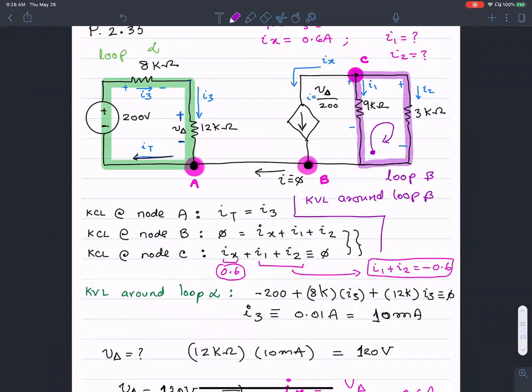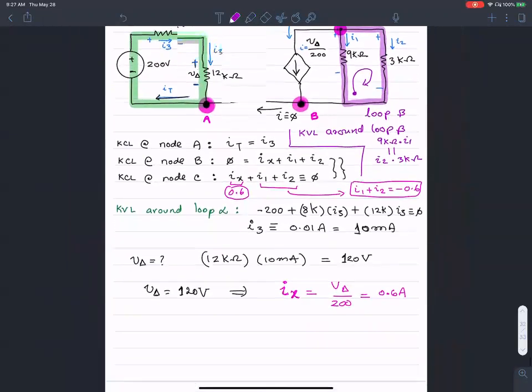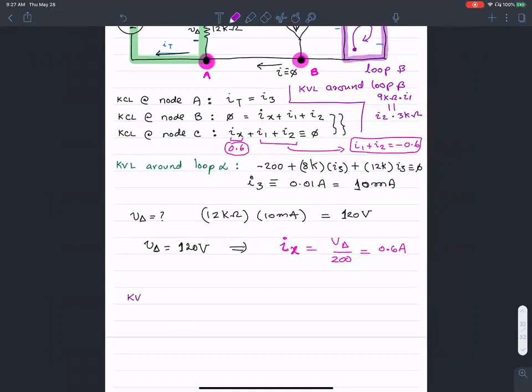So you get negative 9 kilo ohm times I1 plus I2 times 3 kilo ohms is 0.